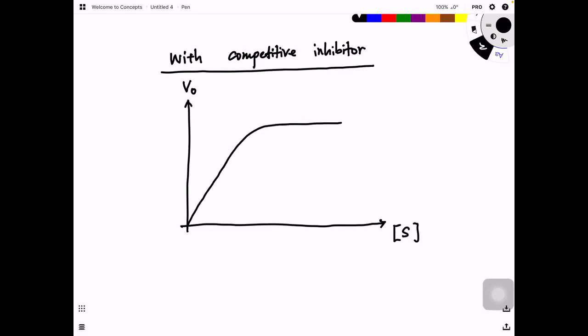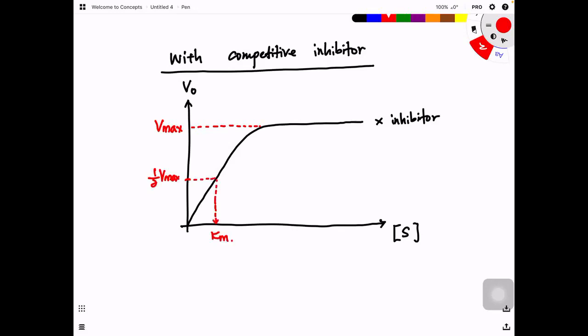This is without inhibitor, so normal. Are you clear? We have this Vmax. I use the red color, which means the original Vmax. If I halve the Vmax, you will get the Km.